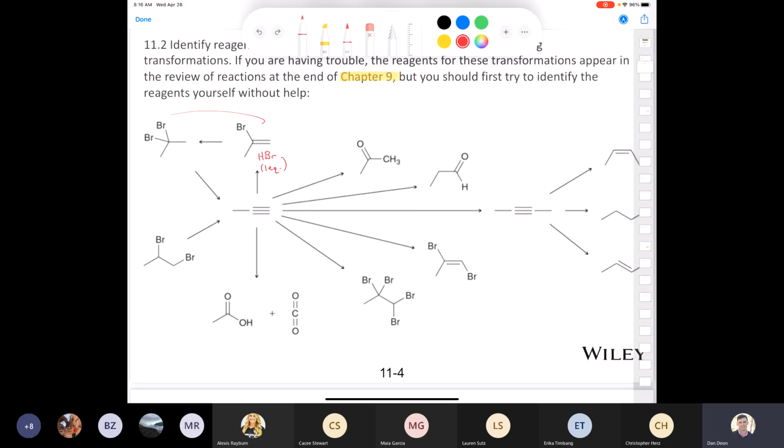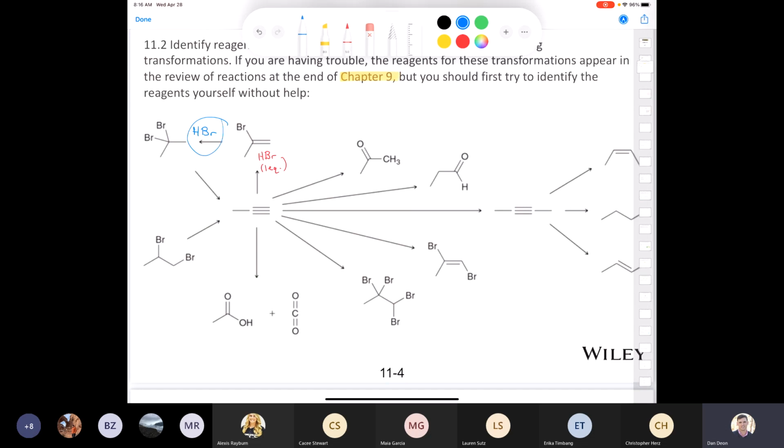Next, if I want to add a second molecule of HBr in a Markovnikov fashion across that double bond, now I'm going to use just another molecule of HBr. So here we don't have to be as specific because it wouldn't matter if you had excess or not. You're just going to end up adding only one molecule of HBr across the double bond.